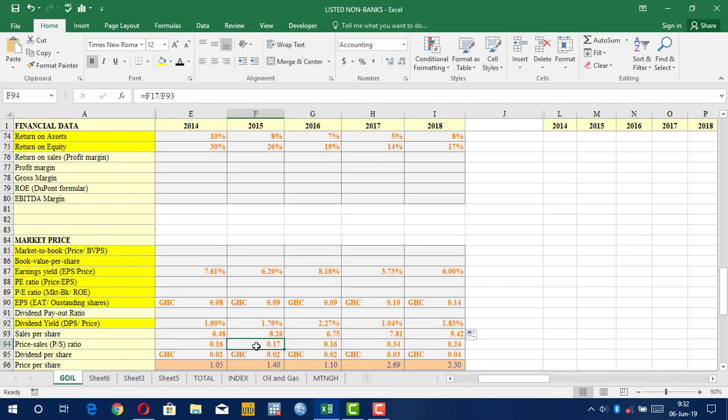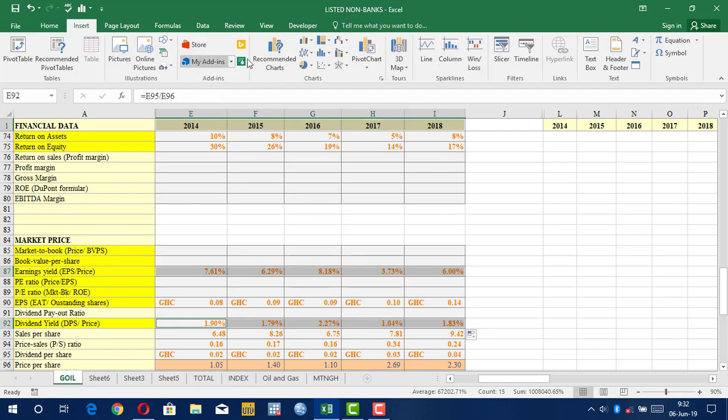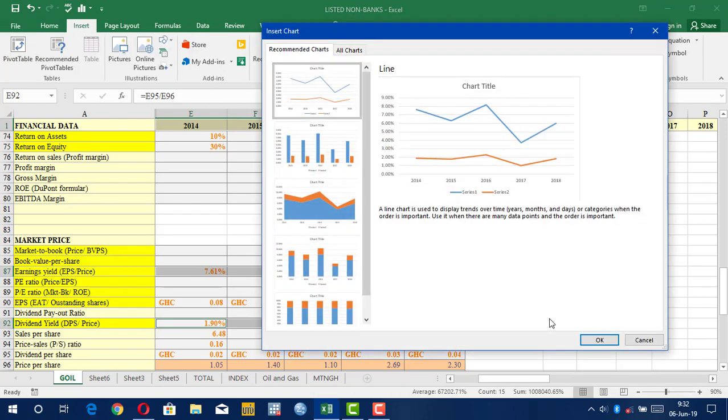So now we can do a chart for these four. Okay, no, we can't do a chart for the four of them. Two are in percentage, two are in cedis. So let's take the percentage figures, the dividend yield and the earnings yield, then do a chart for them. Let's take these two. Good.